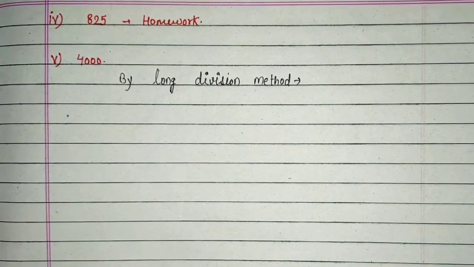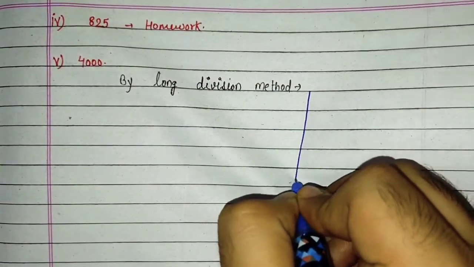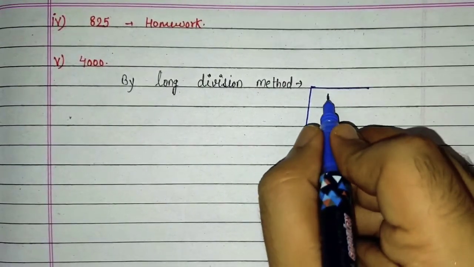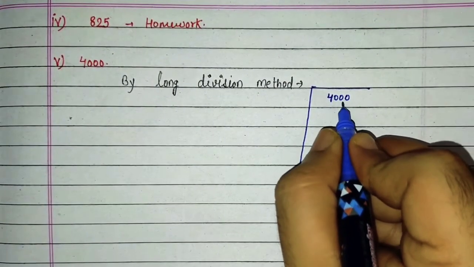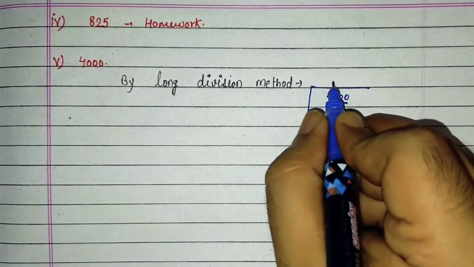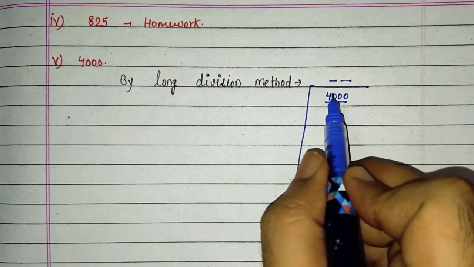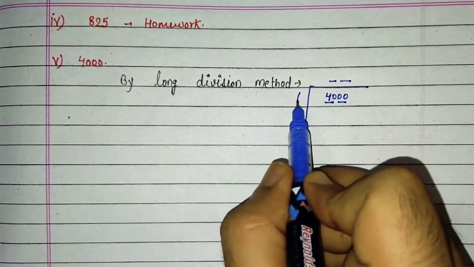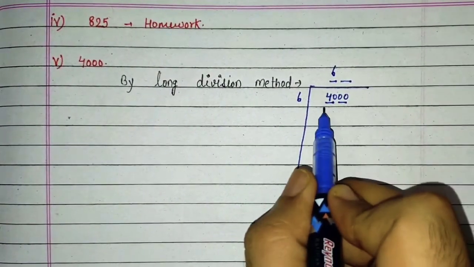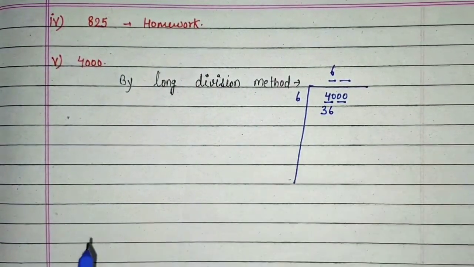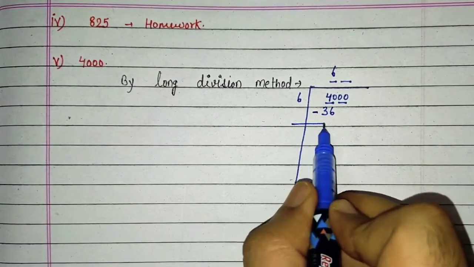So 4000, make the pairs, 1 and this is 2. So in the answer there will be 2 digits. 40 is our first pair, so 6 square is 36, because if you choose 7 square, that is 49, which is greater than 40.